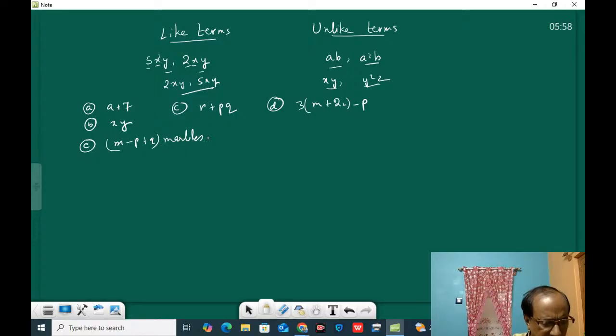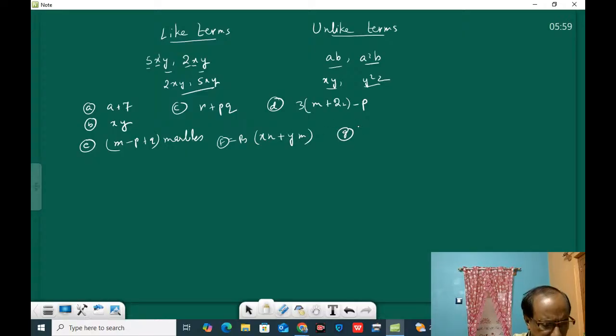Suppose each book costs rupees n and each notebook costs rupees m. The total cost of x books and y notebooks is rupees x into n plus y into m. These are the various ways.